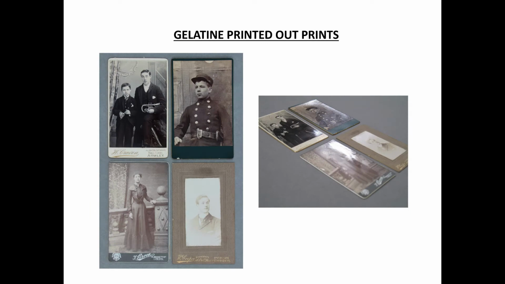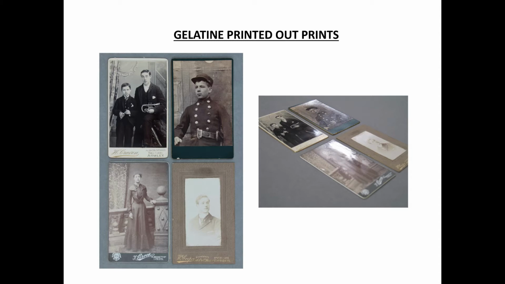Gelatin printing out paper was introduced in 1882 and slowly petered out from the turn of the century, and they are quite unusual from the 1940s onwards. They too can be matte or glossy, so again not very helpful for identification.